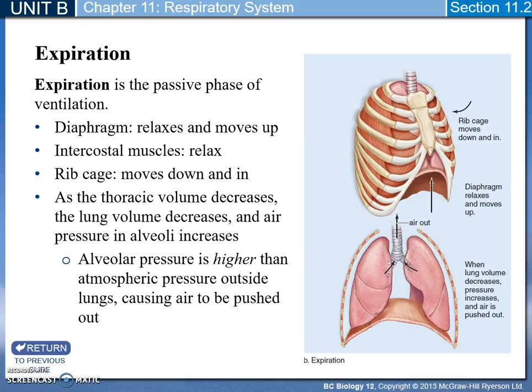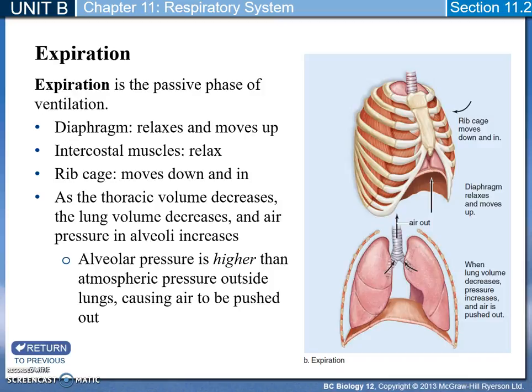Expiration is the passive phase, and it simply takes relaxation in order for expiration to take place. The diaphragm relaxes and moves back up again. The intercostal muscles relax, which causes the ribs to move down once again.